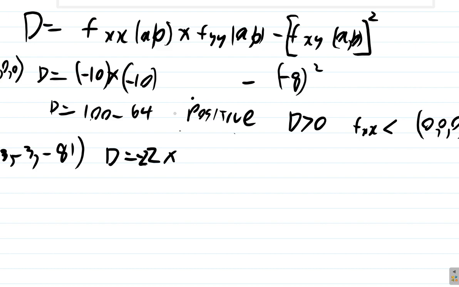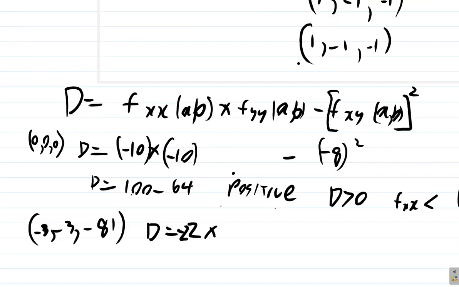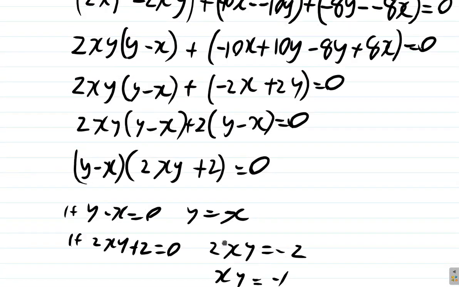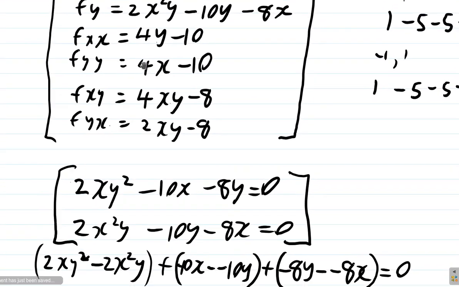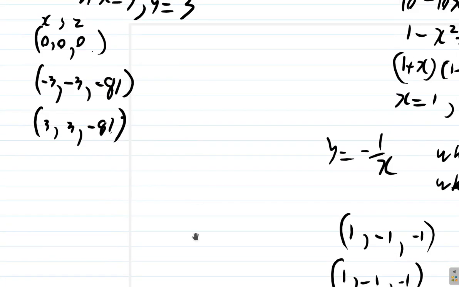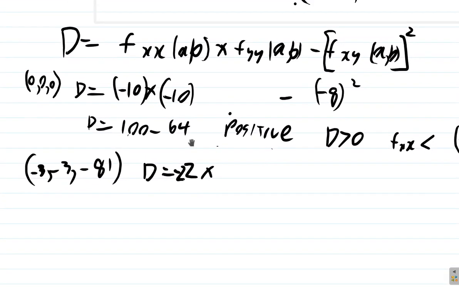Times, we want fyy now. Remember, here also, it is negative 3. 4 by negative 3, negative 12 minus 10, it's also negative 22. So it's negative 22 minus fxy squared.